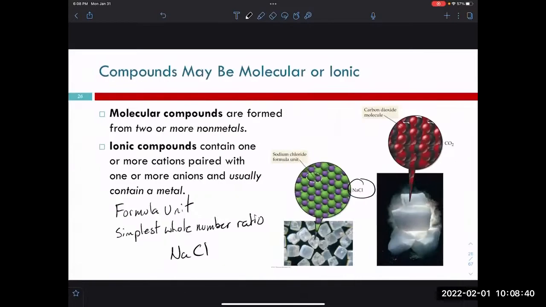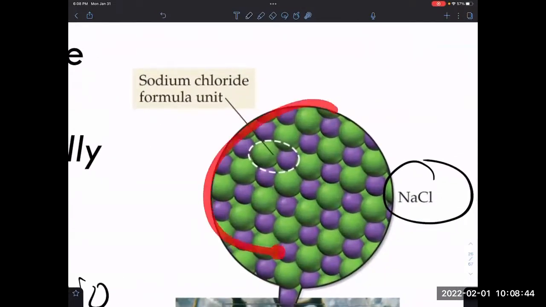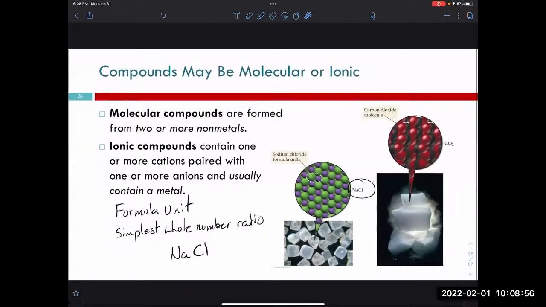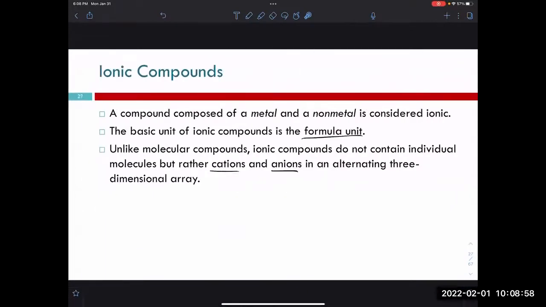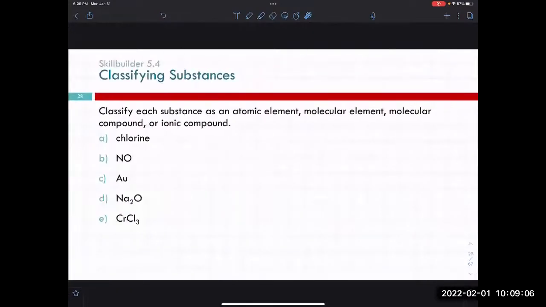It's kind of like this, right? Each purple is always touching green and the greens are only touching purple. I need to find a better example of that. So they consist of cations, anions, positive charge, negative charge.